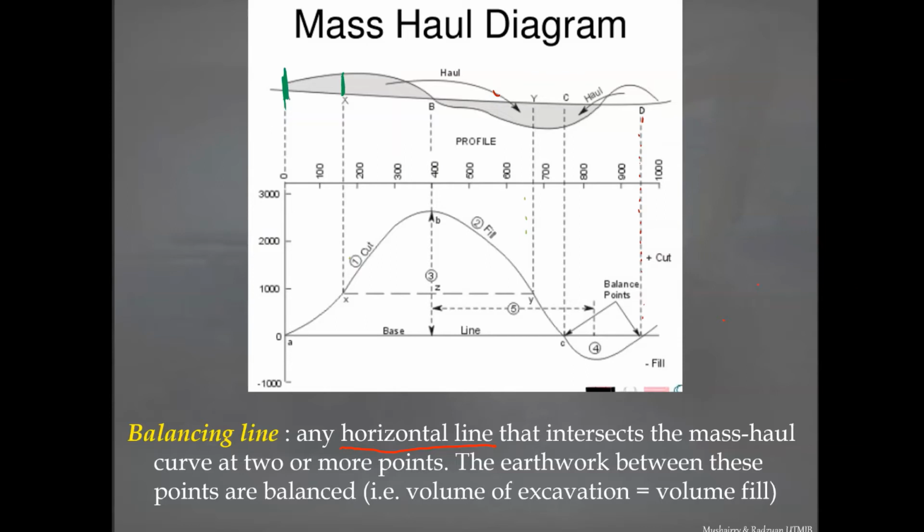So in that case, okay, if I bring that down, if I were to draw a horizontal line which represents a balancing line, and I project that up to the long section, I know that whatever I excavate there will be used all together there.